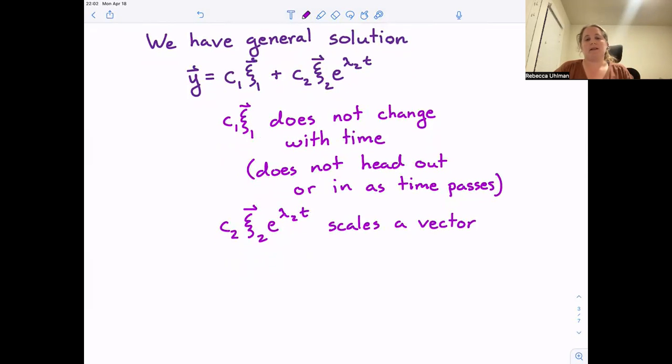And it just creates a line. So together, these just create a line. The C1 psi1 essentially tells us where we start as for the line. And then the C2 psi2 e to the lambda 2t tells us how we go from there as time passes.